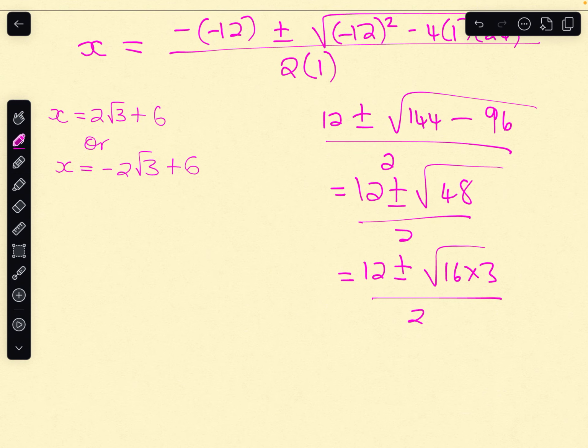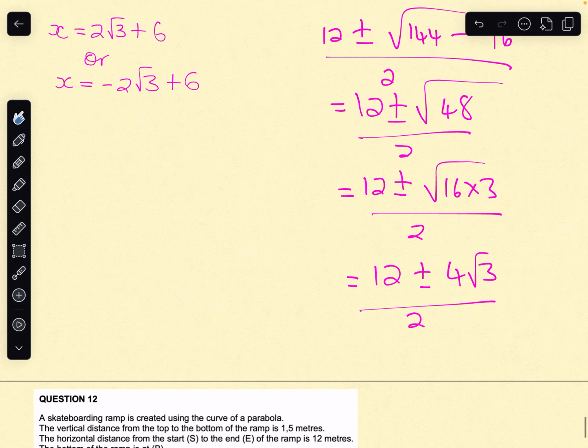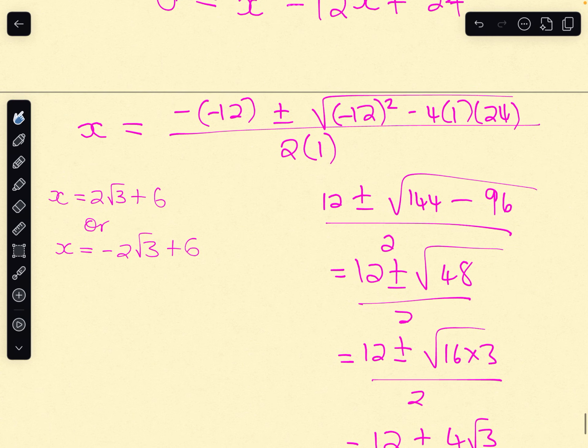You could also put square root 48 into your calculator, and it should give you the simplified surd form. Then if we divide 2 into each of these, we do indeed get 6 plus or minus 2 root 3. So calculator, why didn't you give me the surd form from the jump?